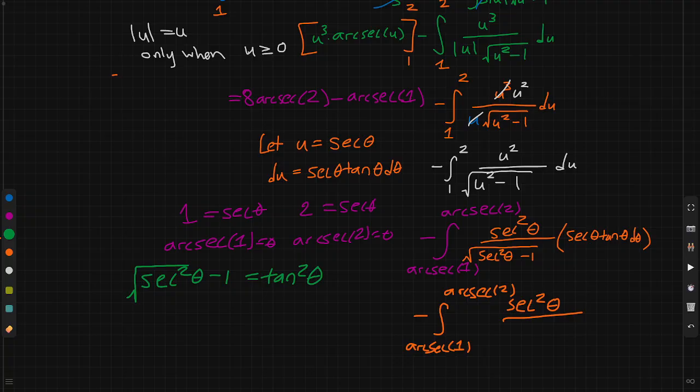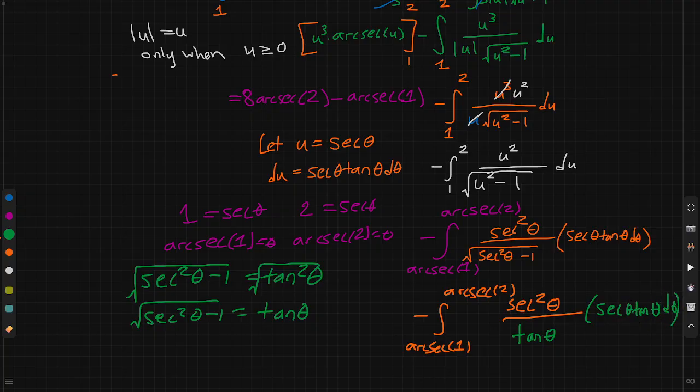If we take the square root of both sides, we get the square root of secant squared theta minus 1 is equal to tangent theta. And that's exactly what we have in the denominator. So let's replace it with tangent theta in the denominator, times secant theta tangent theta d theta.